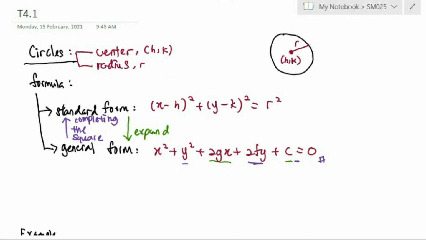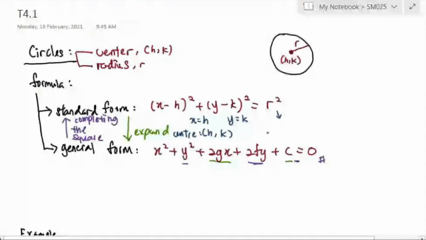You will be looking at here, x equals to h, y equals to k. So that means your hk will be your center. And then you can see the number here, that will be your radius. So the square root of this number, you'll get your radius.